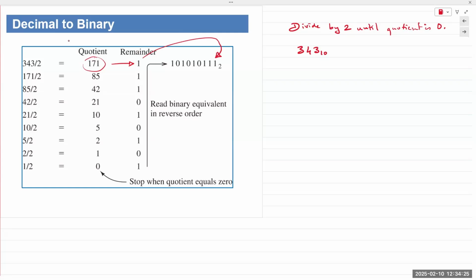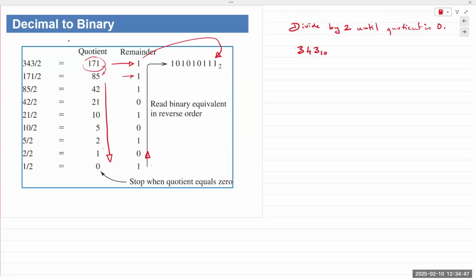And 171 divided by 2 is 85. Again, we have a remainder of 1. That goes to the second. Keep on dividing by 2 until the quotient is 0. Then we read the number in the reverse order.